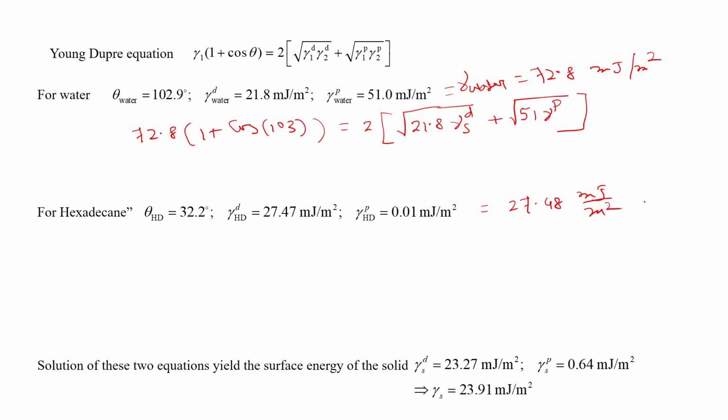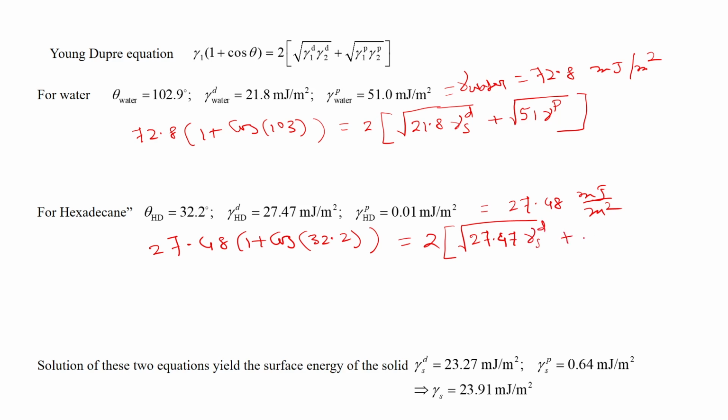So, here we write 27.48 into 1 plus cos of the angle, which was 32.2, is equal to 2 into square root of 27.47 into gamma S D, plus the polar term, where the polar component of hexadecane is almost 0.